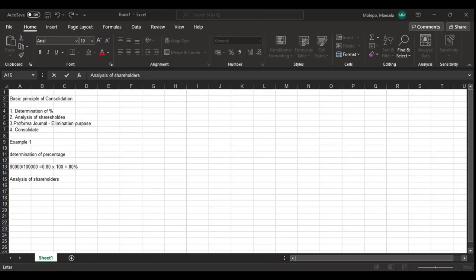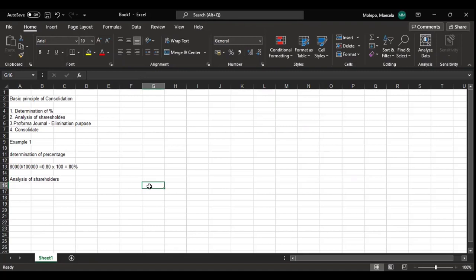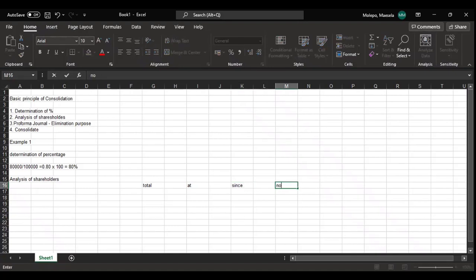We start with the total, then we have the amounts since acquisition, and then we have the non-controlling interest, which is called NCI.